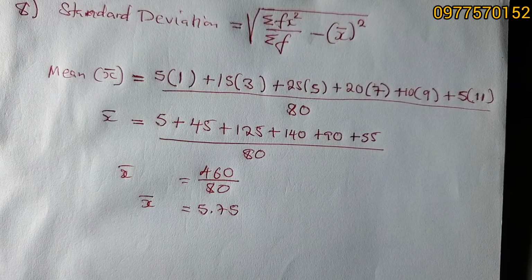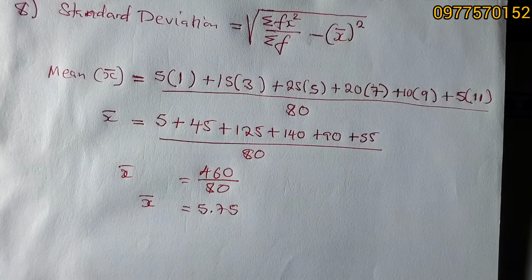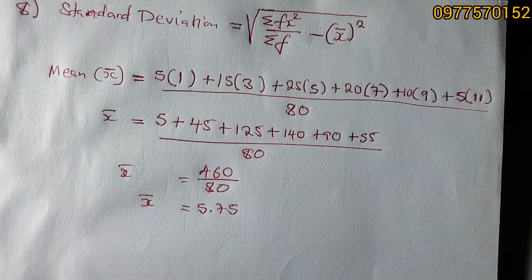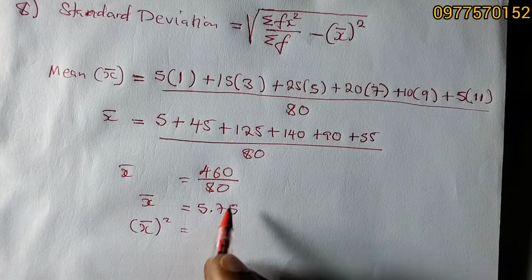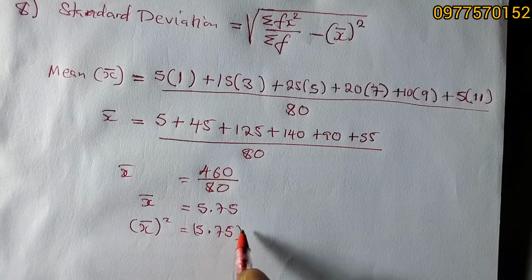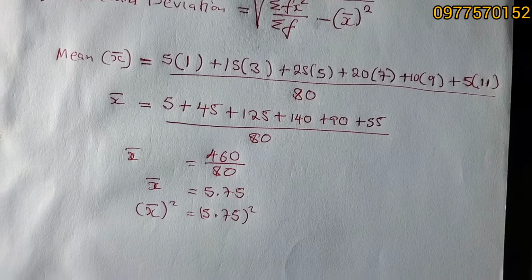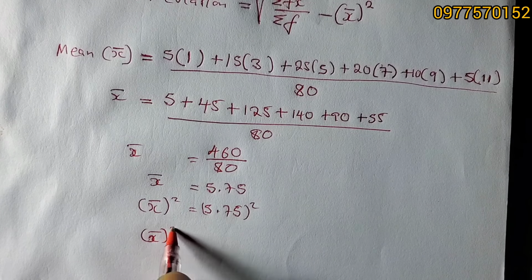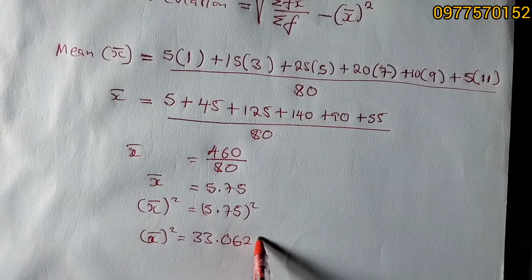Now in the formula there is a square, so we need to square the mean. Let's find the mean squared. We square 5.75, and when we square our answer, we find 33.0625.